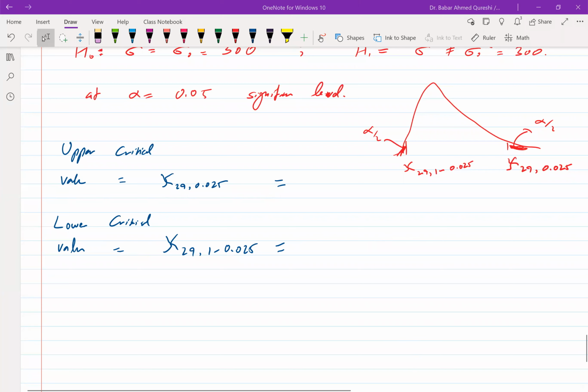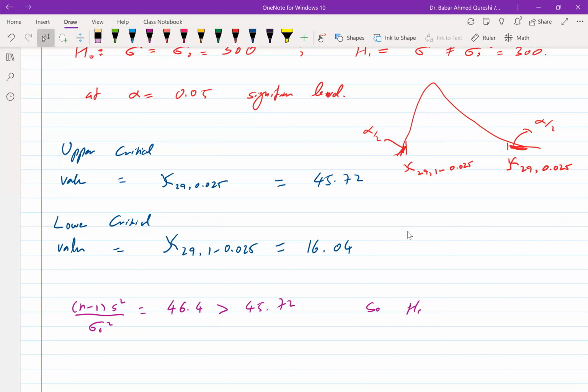Upper was 45.72 and lower was 16.04. And I get that n minus 1 s square over sigma naught square is equal to 46.4, which is greater than the upper critical value.